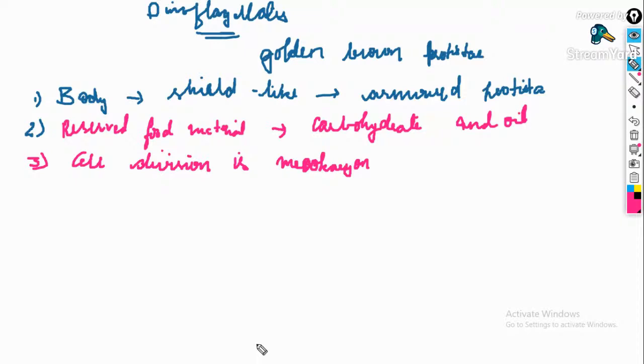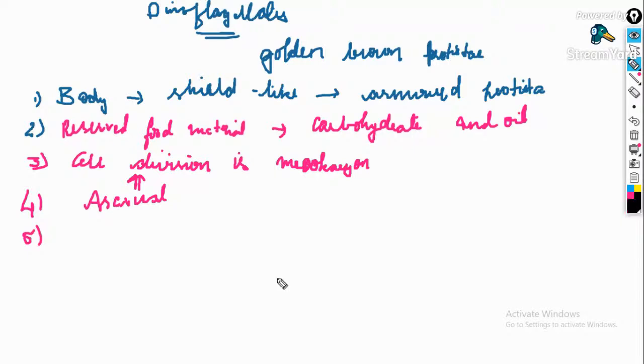Okay, mesokaryon. In mesokaryon, in mitosis, no disappearing of nucleolus and nuclear membrane occurs. Asexual reproduction is shown by means of cell division. Is that clear?